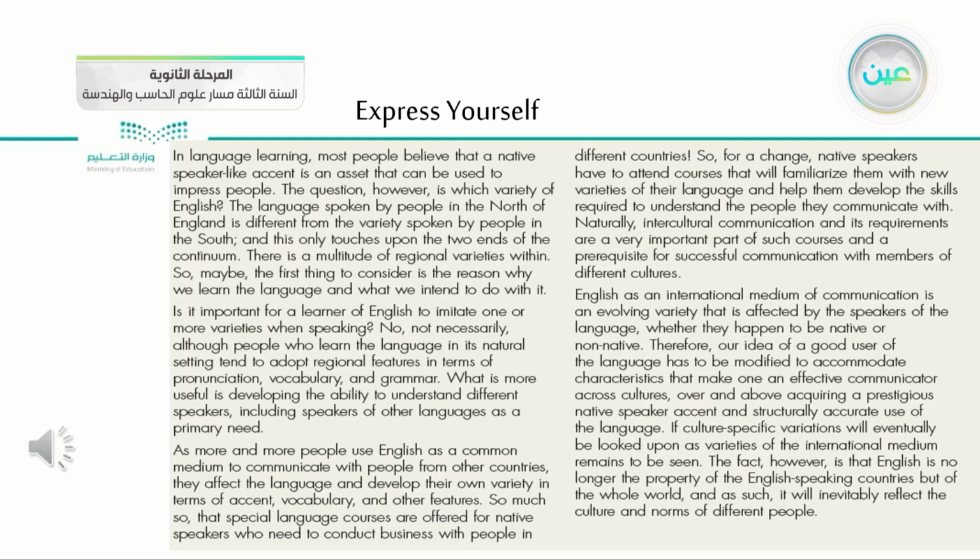What is more useful is developing the ability to understand different speakers, including speakers of other languages, as a primary need. As more and more people use English as a common medium to communicate with people from other countries, they affect the language and develop their own variety in terms of accent, vocabulary, and other features.